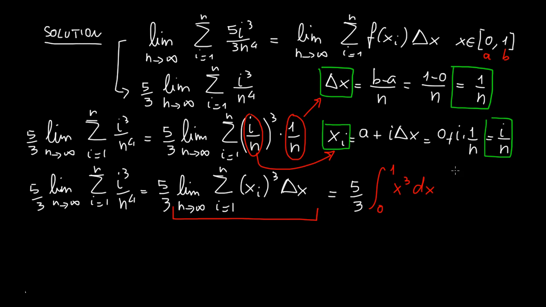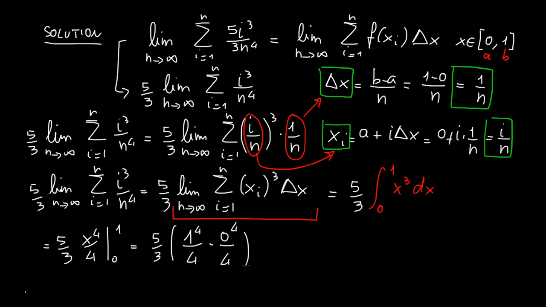So now we can calculate that integral, which is fairly simple, and this is going to be 5/3 times x to the 4th over 4 evaluated between 0 and 1. That's 5/3 times 1 to the 4th divided by 4 minus 0 to the 4th over 4, which is simply 5/3 times 1 over 4, or 5/12.